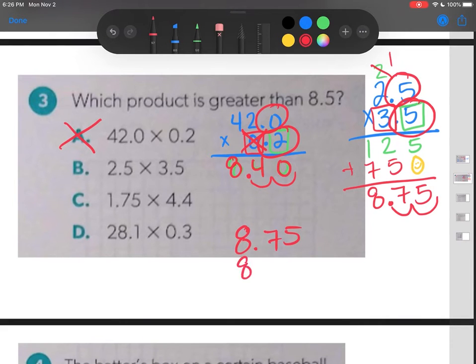So I've got 8 75/100 and 8 5/10. So we line up our decimals, right? Add our placeholder 0. So now I'm comparing 8 75/100 to 8 50/100. Well, 8 75/100 definitely is greater. So 2 5/10 times 3 5/10 would give me an answer greater than 8 5/10.